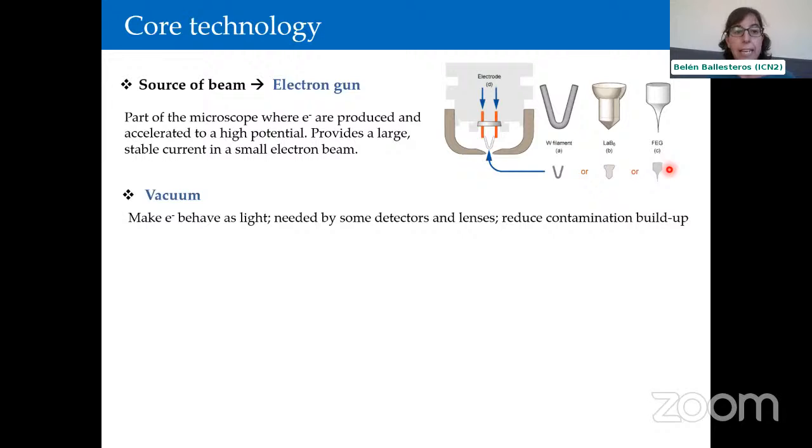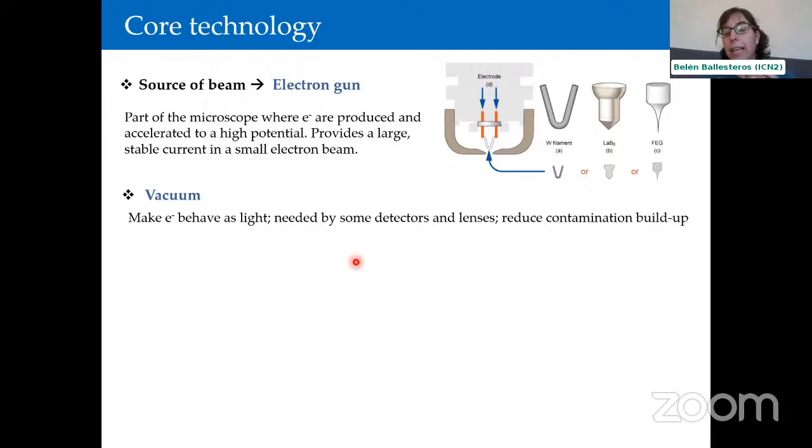The other characteristic which is common to all electron microscopes is that they work under vacuum. Why do we need that? We need the electrons to behave as light. We don't want them to be hitting particles in their way to our sample. Also, the vacuum is needed by some detectors and lenses that we are using.